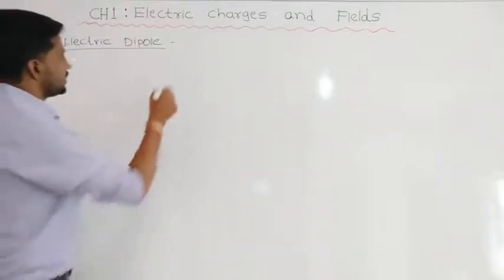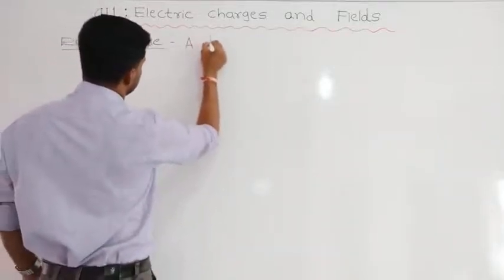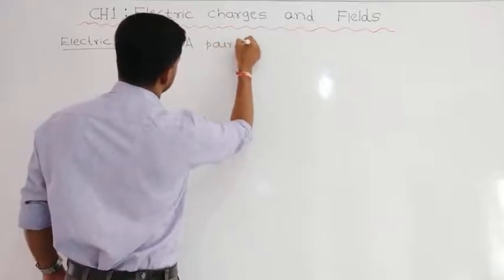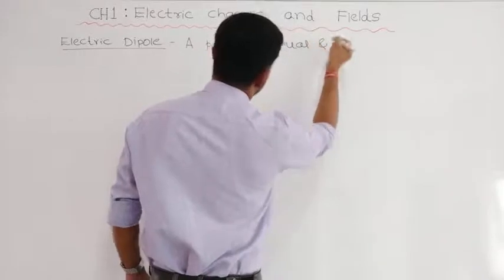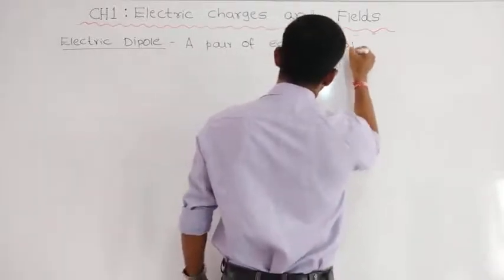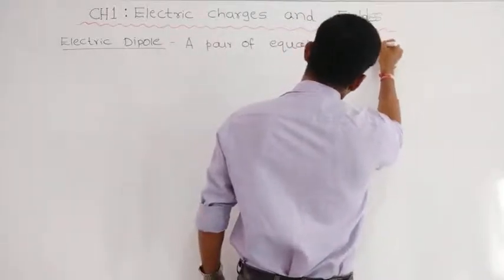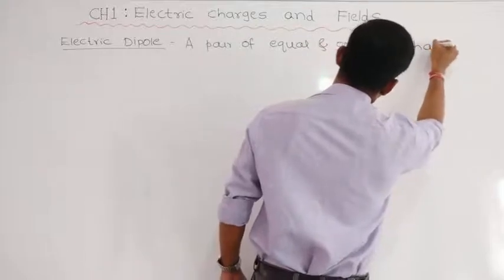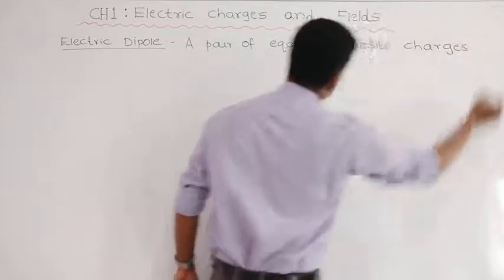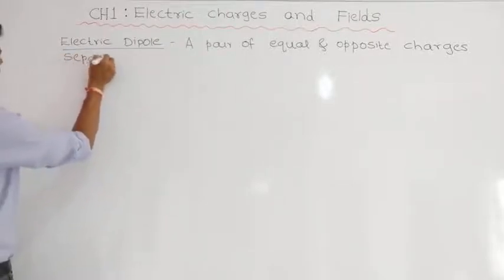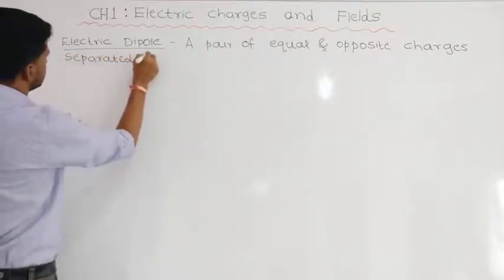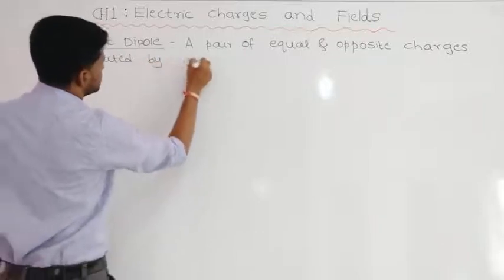An electric dipole is nothing but a pair of equal and opposite charges separated by a small distance.